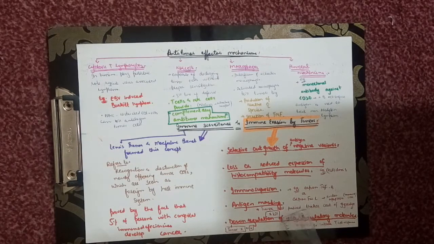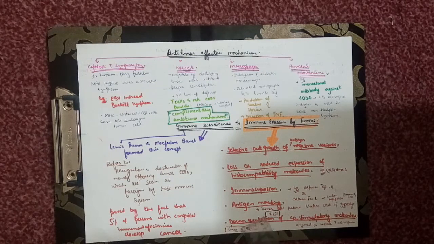Antigen masking means that tumor cells produce a thicker coat of glycocalyx, such as sialic acid containing mucopolysaccharides, than normal, and as a result this thick coat may block the access of immune cells to antigen presenting molecules, thereby preventing antigen recognition and killing. Downregulation of costimulatory molecules: costimulatory molecules are required to initiate strong T cell responses.